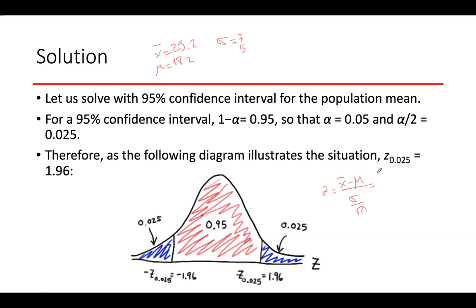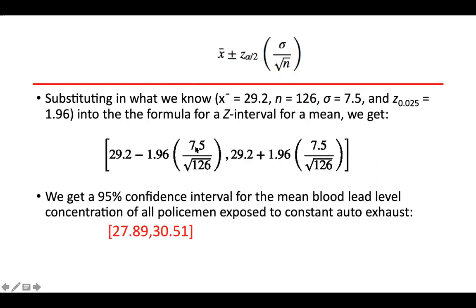It is 11. 11 divided by 5 or 7, divided by how many people? 126 people. So it is like this z value. It was 7.5.